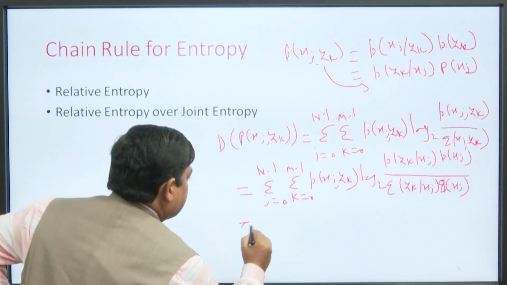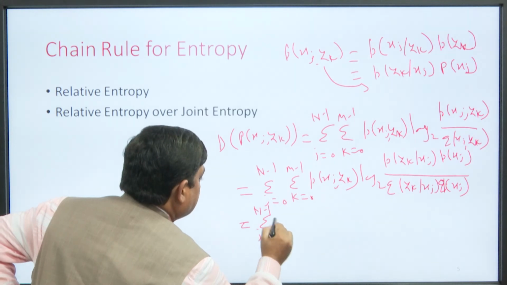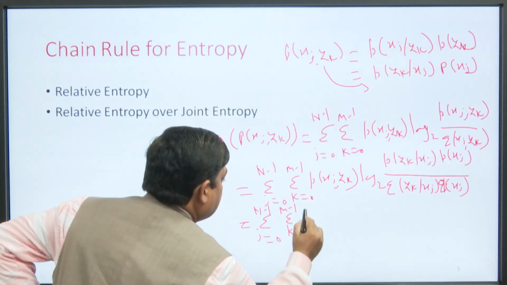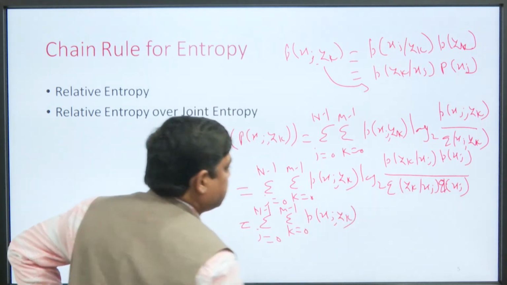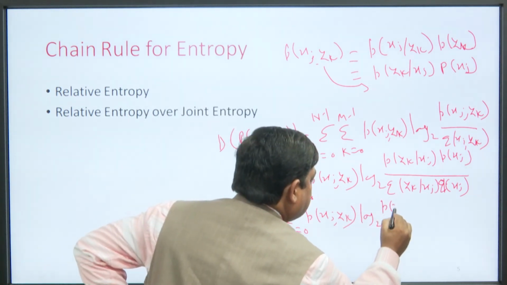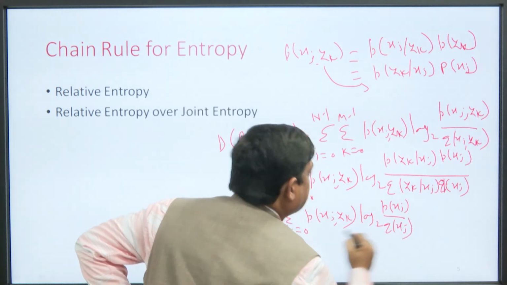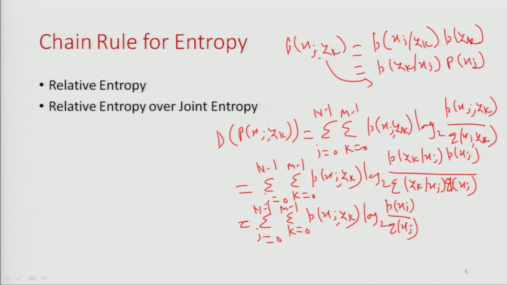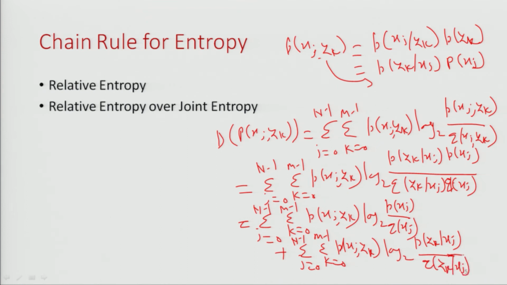Now, this can be written as summation over j, summation over k, p(x_j, y_k) log of base 2 p(x_j) upon q(x_j), plus the same joint probability into log of base 2 p(y_k upon x_j) divided by q(y_k upon x_j).